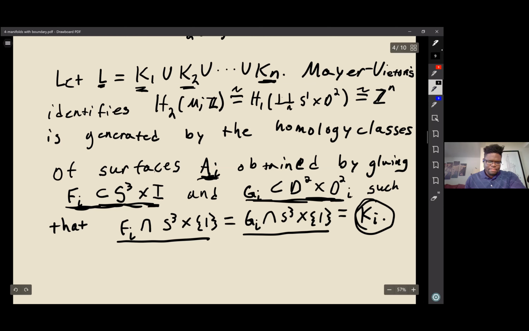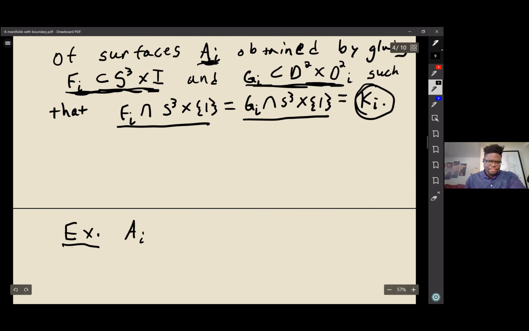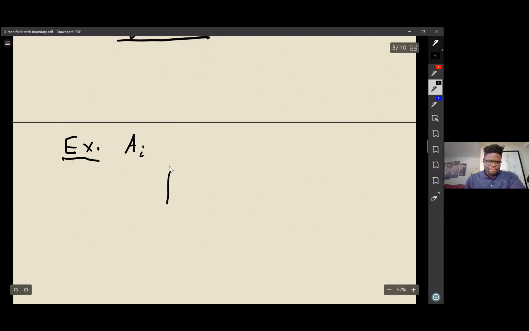And this has been alluded to several times over the course of the lecture series. The schematic here is that if I have an S3 times I, and I have my knot K inside the boundary, I'm gluing a 2-handle framed according to this framing on K, and I need to take a surface inside and cap it off with the surface in the 2-handle.